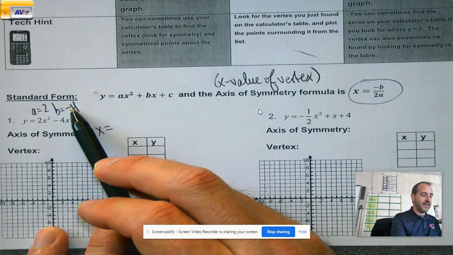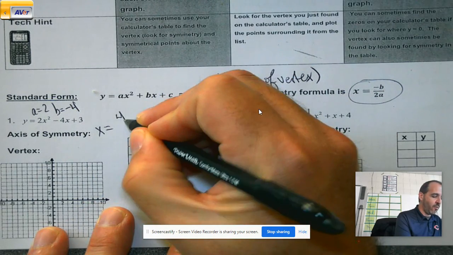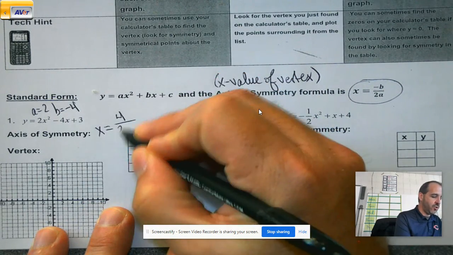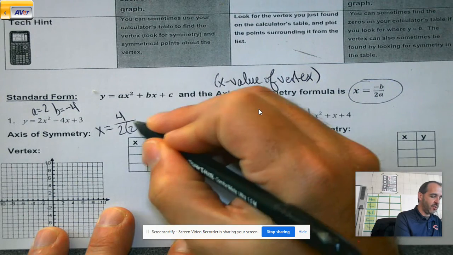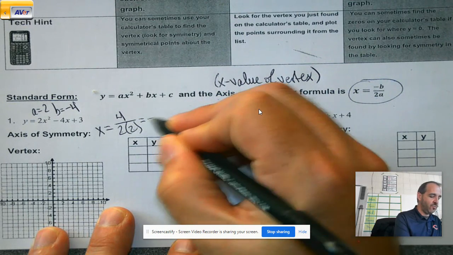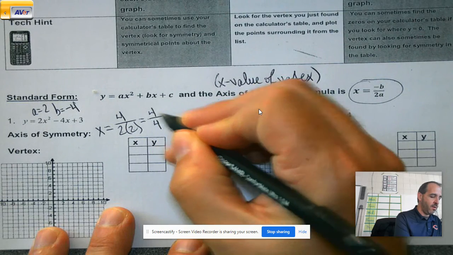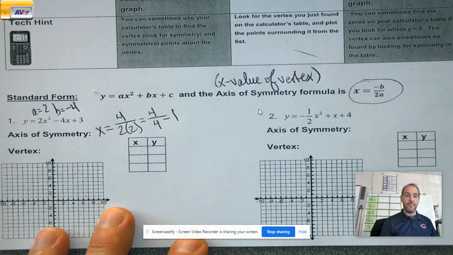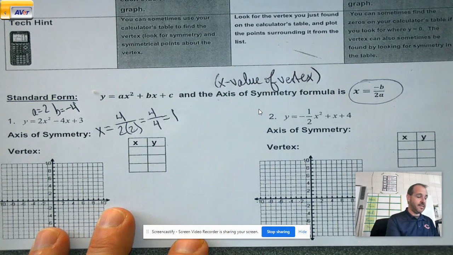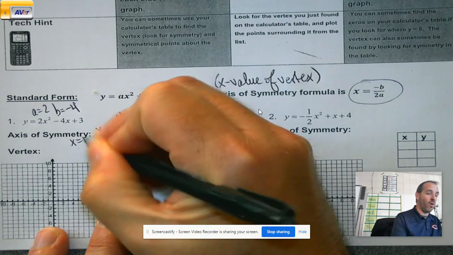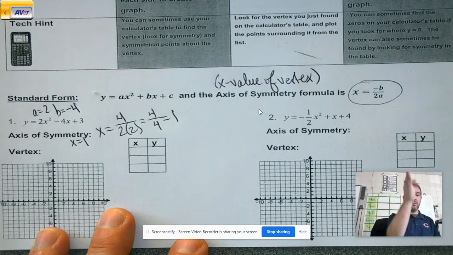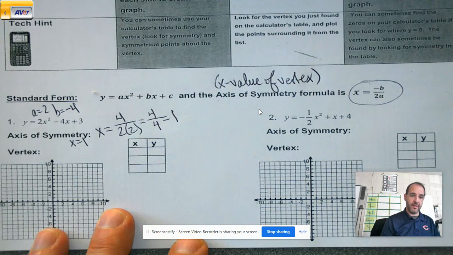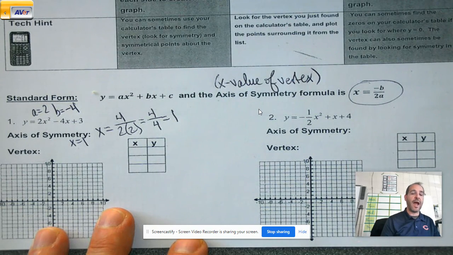The opposite of -4 is +4 over 2 times a, 2 times 2. 2 times 2, last I checked, is 4. So my x value is 1. That is my axis of symmetry, x equals 1. It's a vertical line that goes through the middle of my graph. And we'll see that when we graph it.